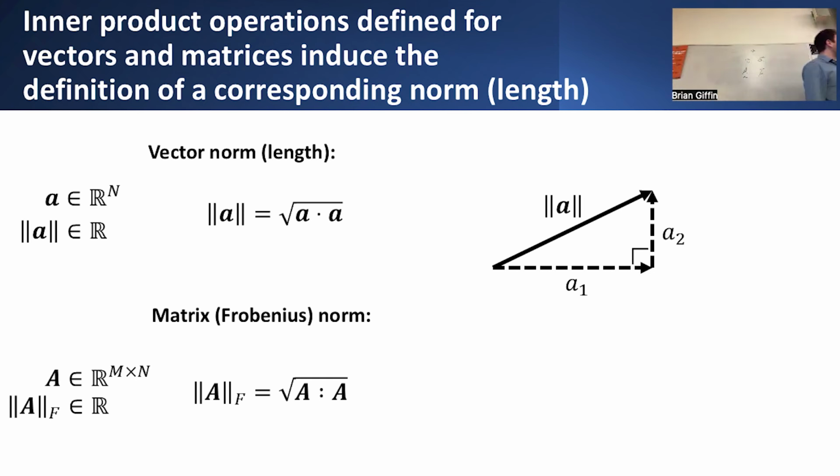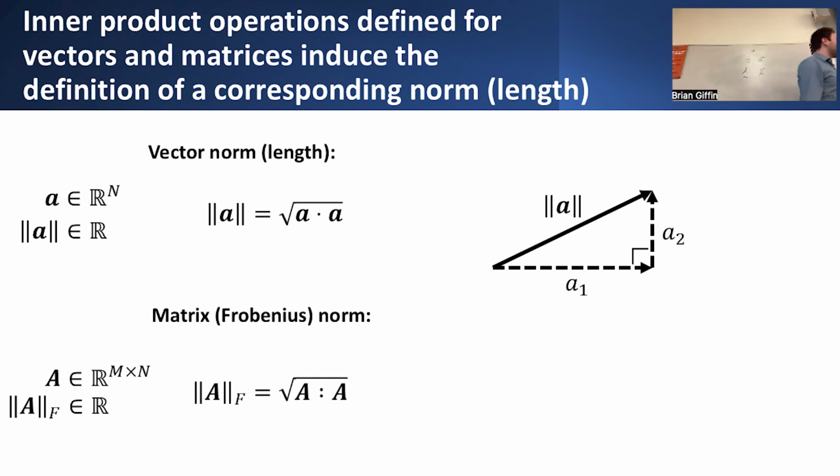A similar definition holds for defining some kind of norm of a matrix. And in fact, there is a particular norm defined for a matrix called the Frobenius norm, which looks very similar in form, but instead uses this notion of this matrix inner product, or the Frobenius inner product. So basically just the sum of the products of the individual components of this matrix all summed together, and then take the square root of that.